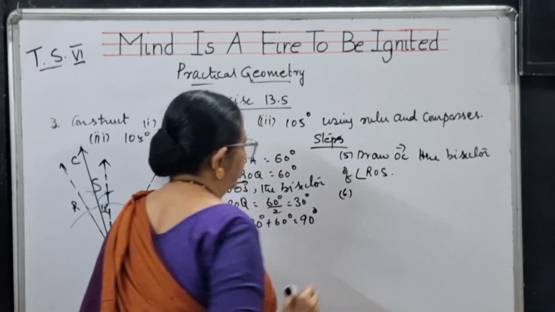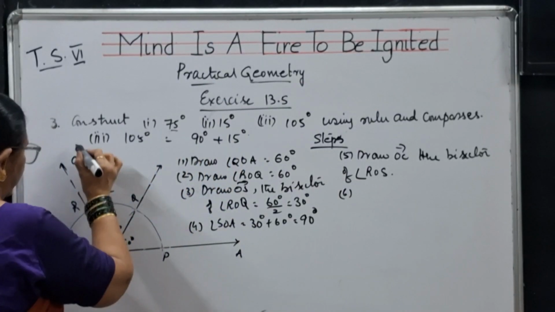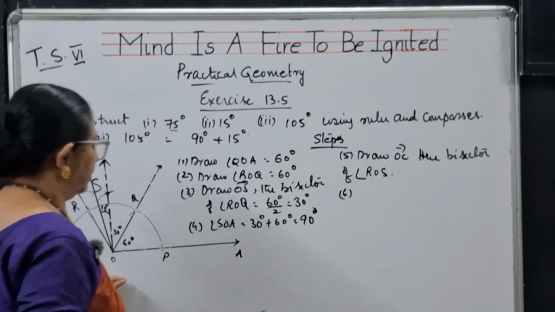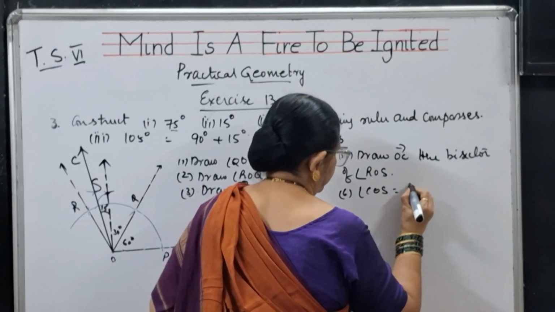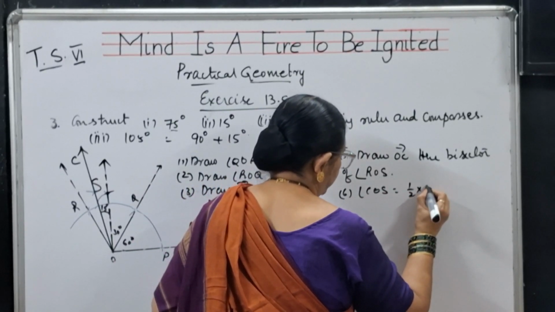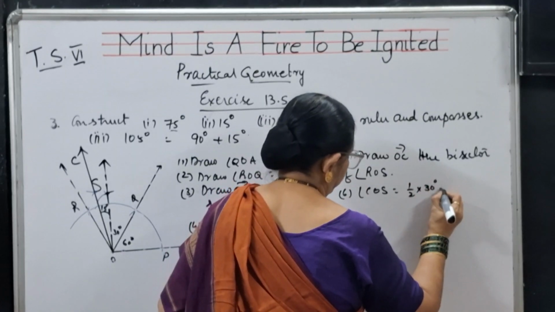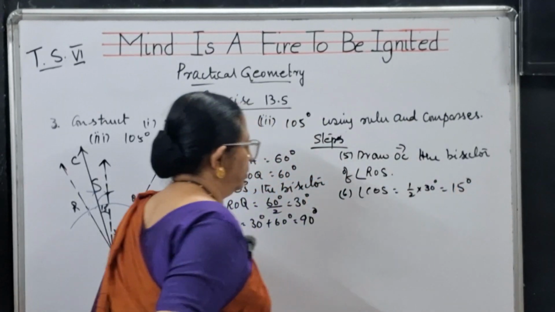That means when you have drawn that, what are you getting? Angle COS is equal to half of 30 degrees, that is equal to 15 degrees.